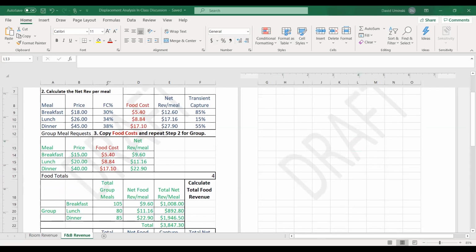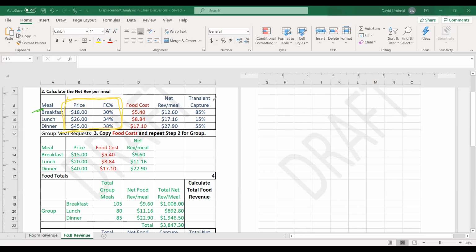For this case, primarily what you're going to be provided when you do your displacement analysis is the price and the food cost percentage. These 2 things, and then you're going to fill out the remaining. For this example, let's just do a couple of these so you can see how this works.